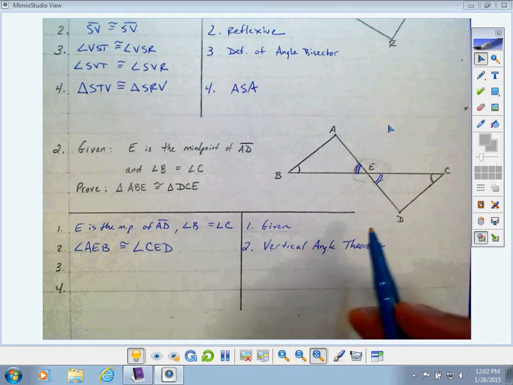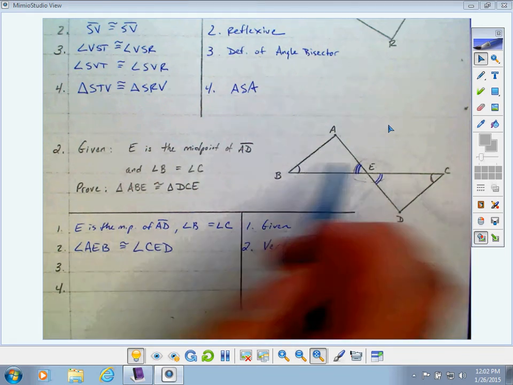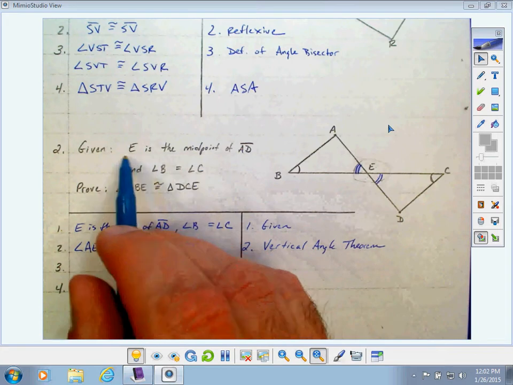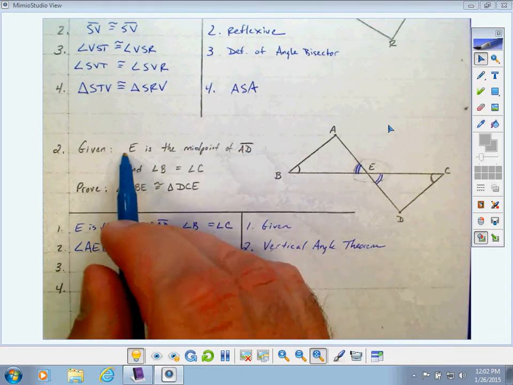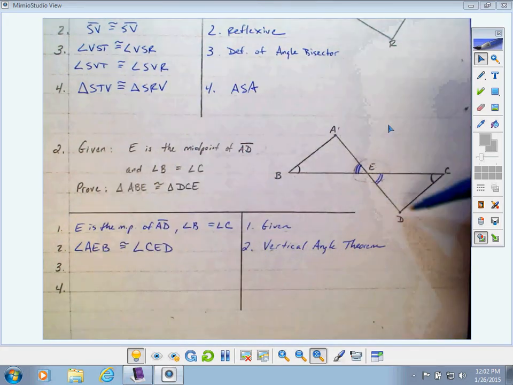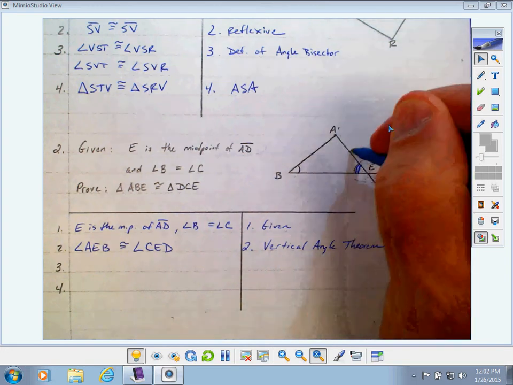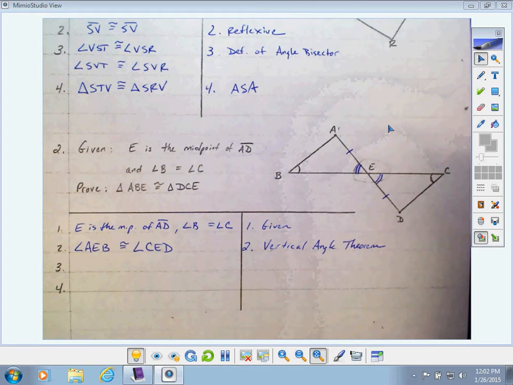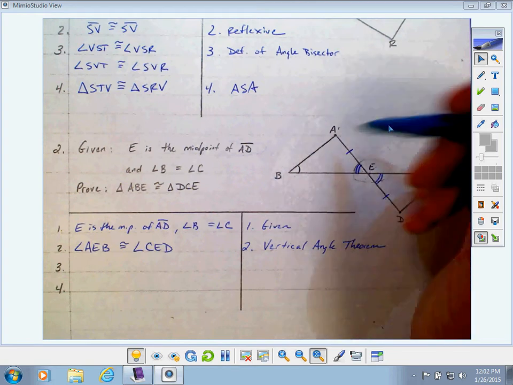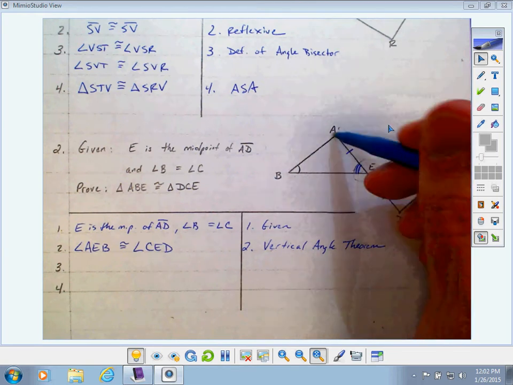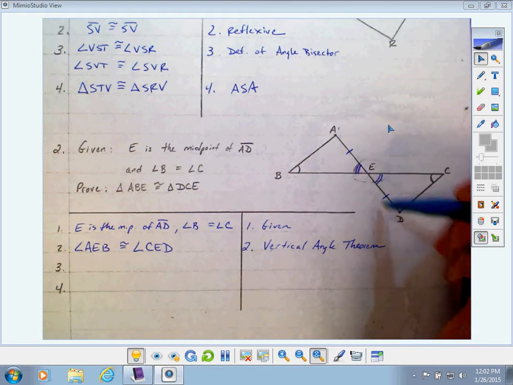Alright, and then finally, since I got that from the picture, then I'll actually go to the given, and I see that this part about E is the midpoint of AD. I look over here, here is AD. When E is a midpoint, what it means is that this half and this half are equal to each other. So if I mark them in, this half is AE, and it's equal to the other half, which is DE.